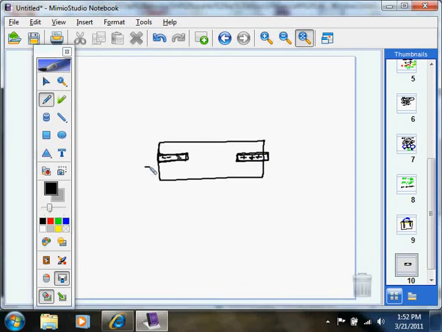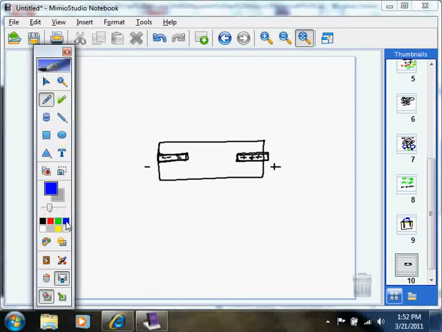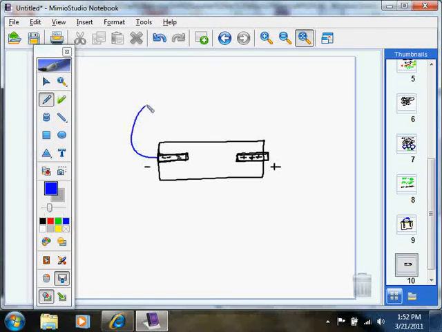So this is the negative terminal, the positive terminal. The side with the little bump, positively charged. The flat side, negatively charged. Connect the wire. But we're not going to want to draw this out all the time either.